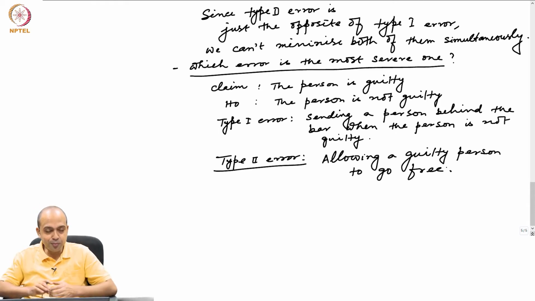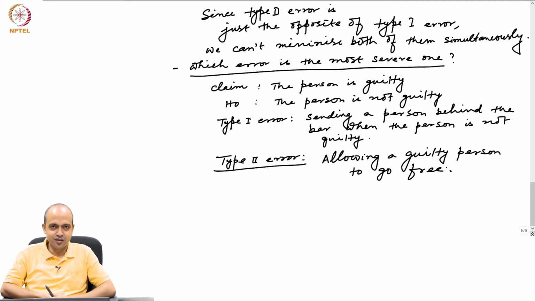Now, if you think about these two cases, obviously sending an innocent person behind the bar is most dangerous compared to the second one, because justice says that you can even let a person go free when he or she is guilty, but you should never send an innocent person behind the bar. Why is this so?